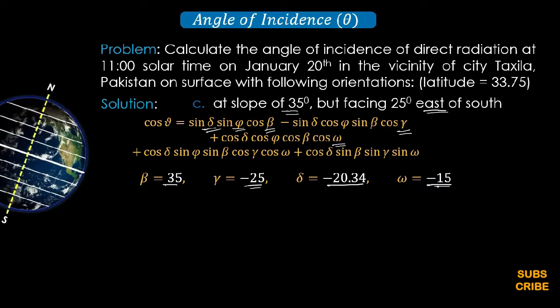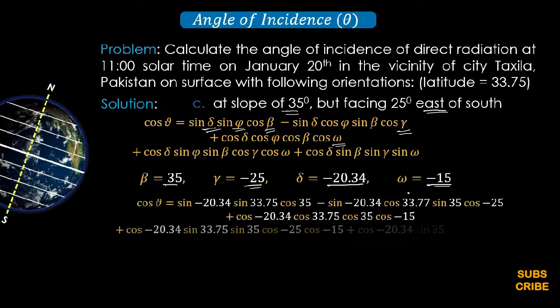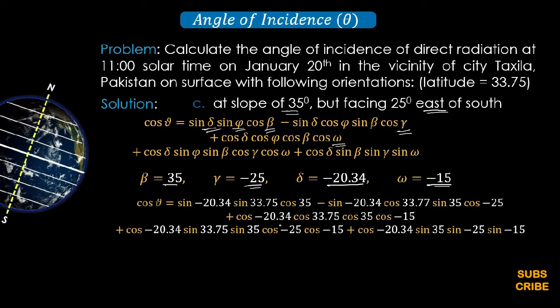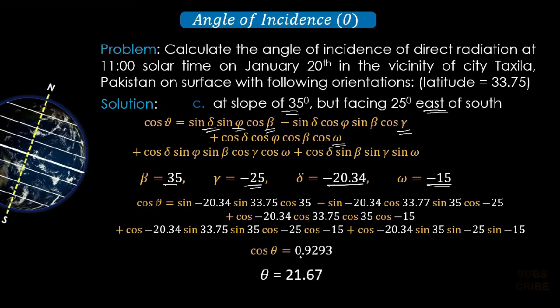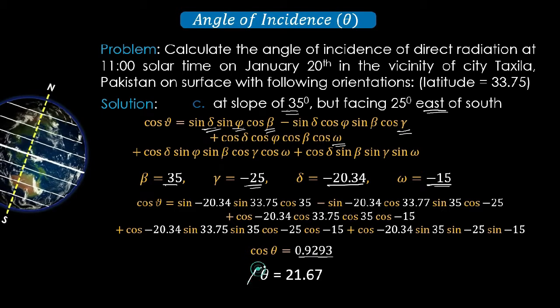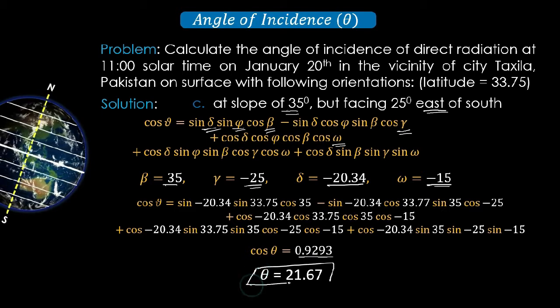So using these values in the expression, and after computing, we get the value of cos theta, that is 0.9293, and the angle of incidence would be 21.67.